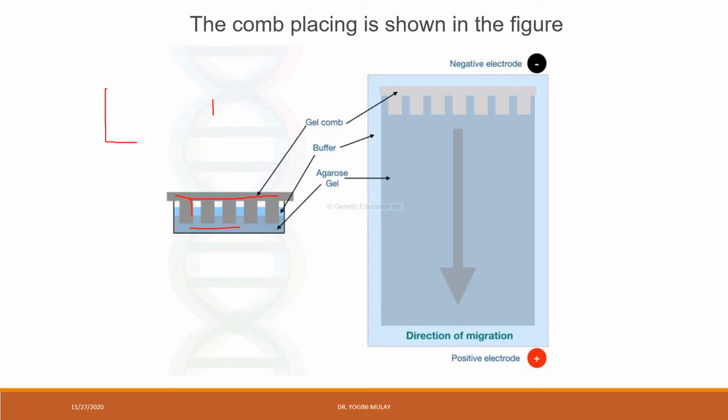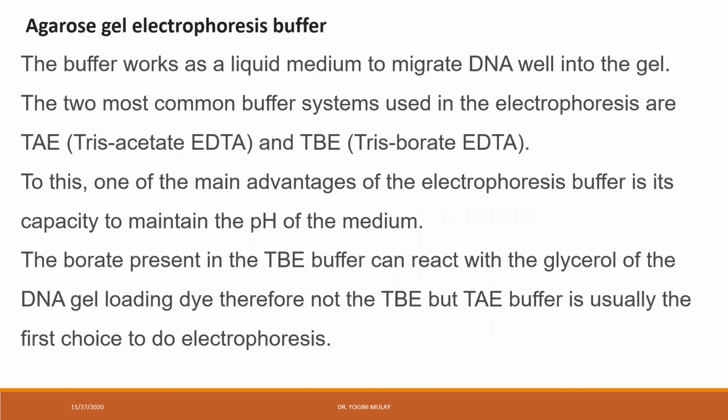After removal of the comb, there is an empty space, and we call it a well. So this is the negative electrode, whereas this is the positive electrode, and this is the direction of migration of DNA. Being negative in charge, it moves towards the positive electrode.